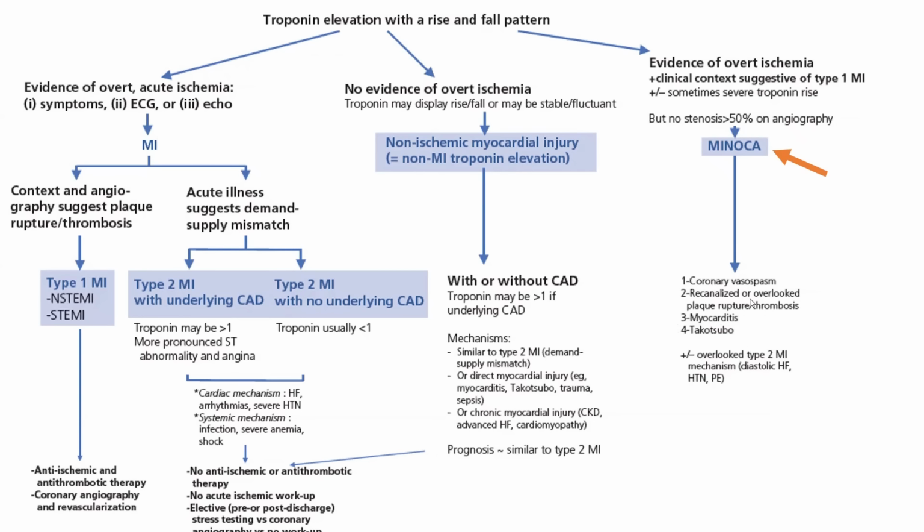The fourth is Takotsubo. Those are the 4 biggest diagnoses. It could also be an overlooked type 2 MI mechanism like bad decompensated heart failure, malignant hypertension, or PE, but usually those will not cause severe troponin rise. If you have severe troponin rise in the really type 1 MI range or STEMI range, it's one of those usually. Okay?